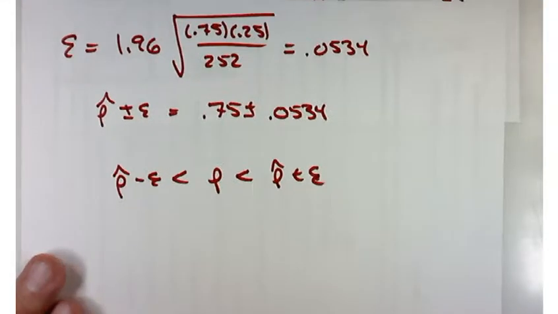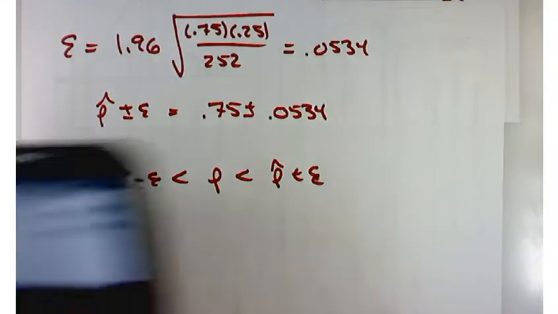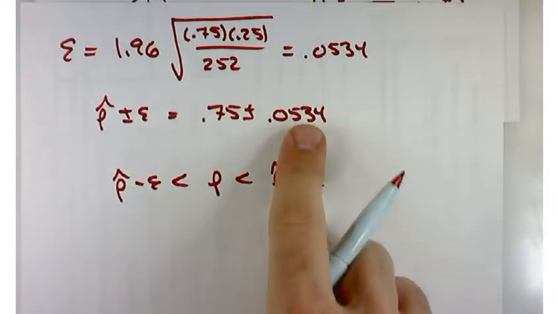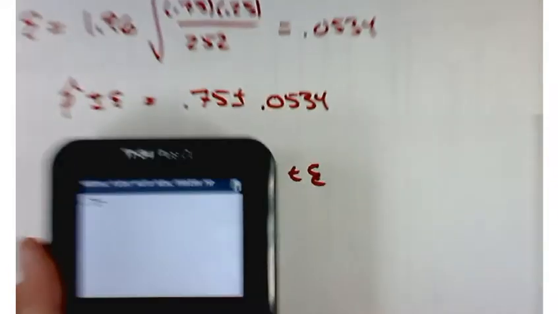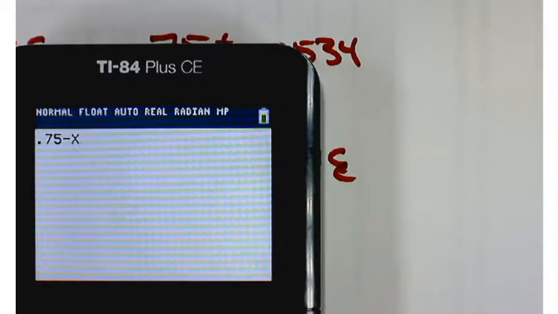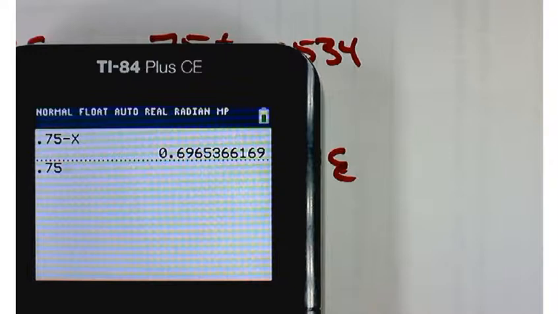So what would that be like as an interval? Well, let me do it this way. 0.75 minus, now I stored this value in x, so minus x and 0.75 plus x.